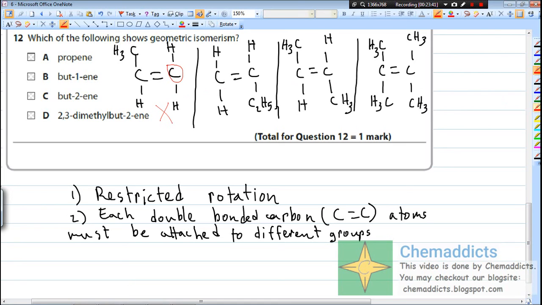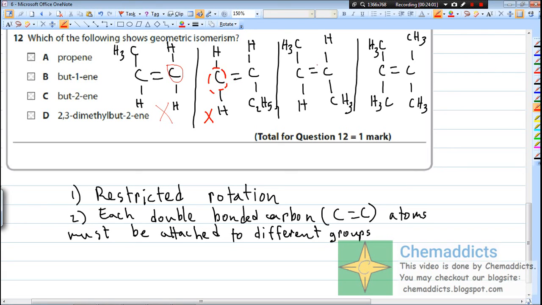If we look at this molecule, it has two hydrogen atoms attached to this double bonded carbon atom, so geometric isomerism is not possible for this molecule either.